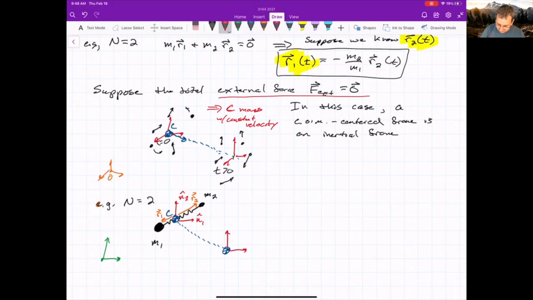And so at a snapshot at some later moment, let's call this again t equals 0, here's some later time. Maybe the masses have moved around a little bit.